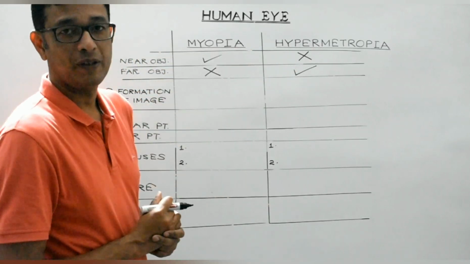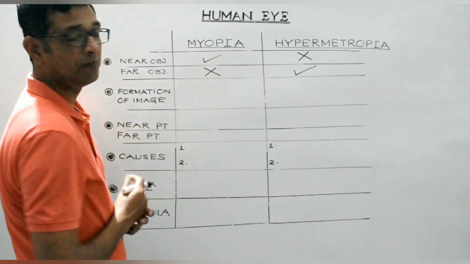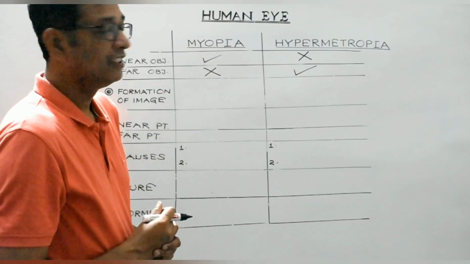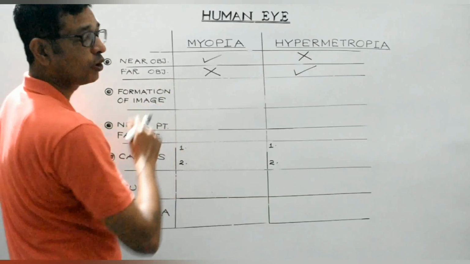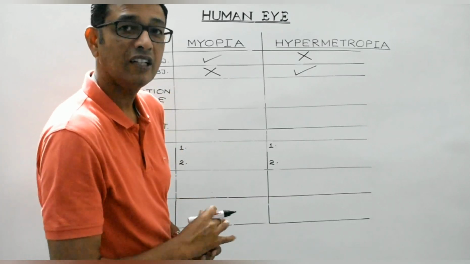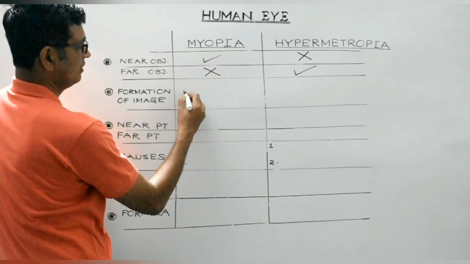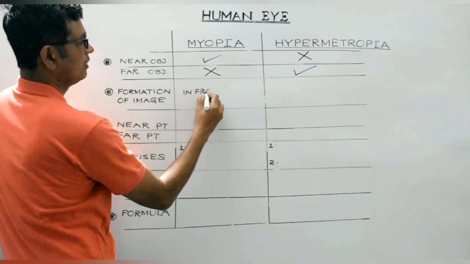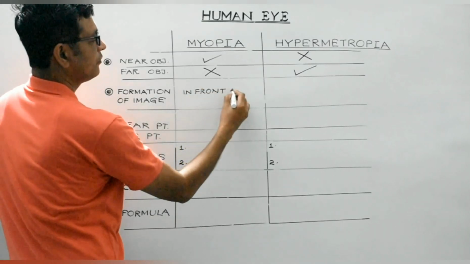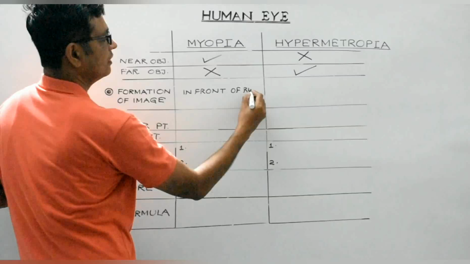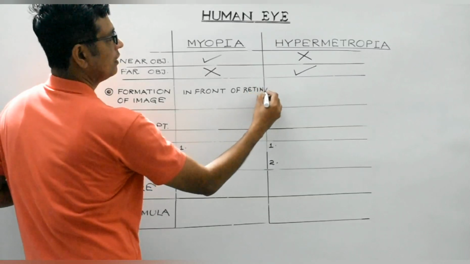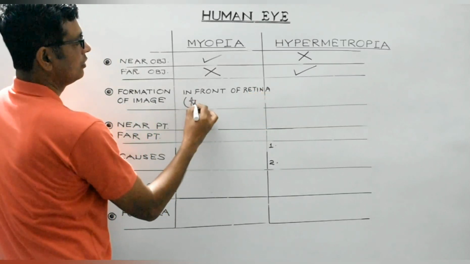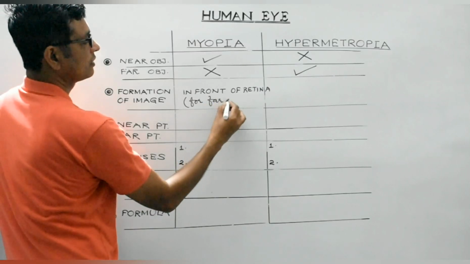Now, formation of image. In the case of myopia, the image for the far objects is formed in front of the retina. It is formed in front of the retina for far objects.